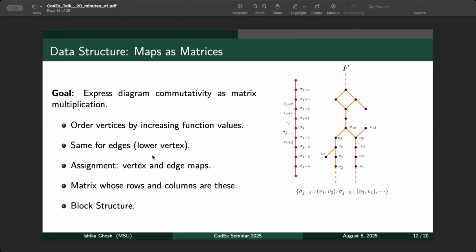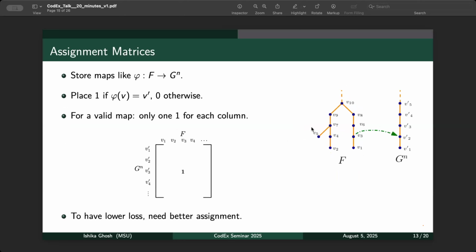For vertices, there is a function value already sitting there, and for edges we take the lower vertex function value as the value of the edge, and we can construct matrices with this ordering. And since by the construction of these maps, we can only map a vertex and edge to its corresponding height, these matrices will have a block diagonal structure, which is pretty useful in computation.